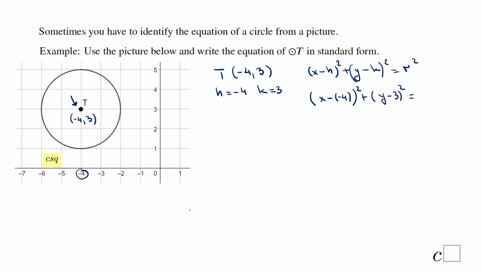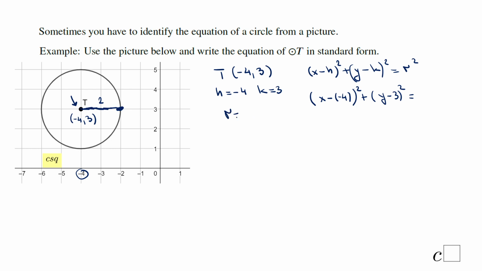For that reason, you want to go back to point T and see if you can measure, if you can count for the radius. In this case, we can. If I go 2 units right here, that is the circumference, and this is 2. That is how much the radius is.